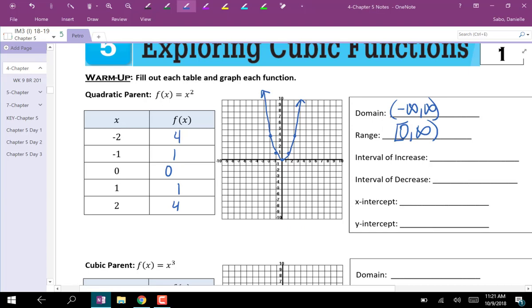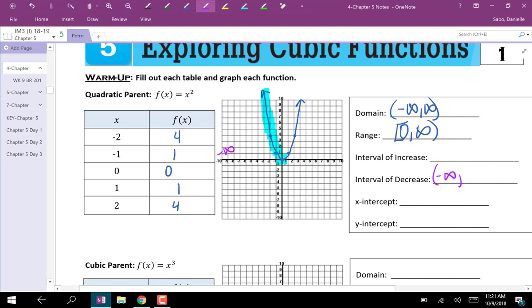This is where I had highlighters out. We don't really need them today, but interval of increase and decrease. In the beginning, do I decrease or increase? In blue, decrease. You decrease from left to right. If I put my finger at the arrow and I go down here, you always start at negative infinity, so I'm decreasing from negative infinity.